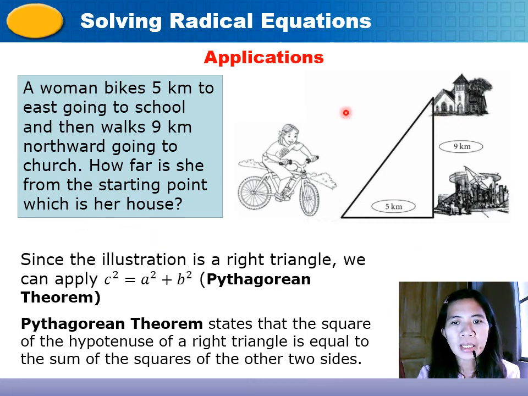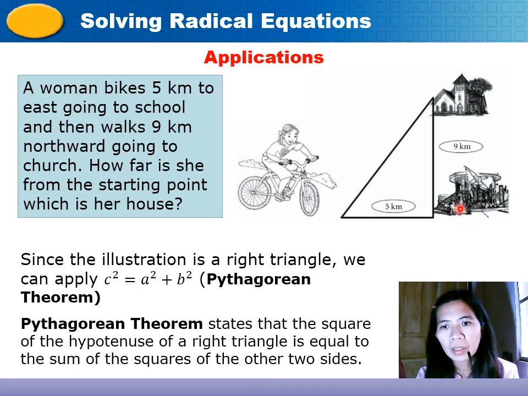So this is the illustration. This is the distance, 5 kilometers going to the school, then 9 kilometers going to the church. So the question is, what is the distance from the starting point going to the church?